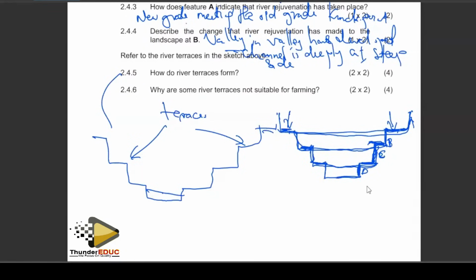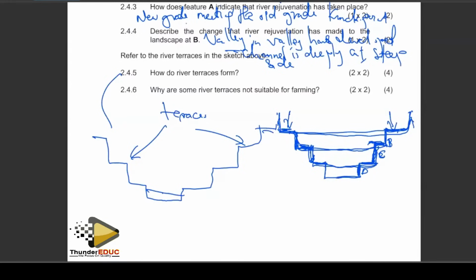At the end, the river will have stepped sides, which we call the terraces. Because of cycles of rejuvenation, the river will be developing a new valley within an old valley, leading to formation of the terraces. So basically, that's the concept. I'm trying to give you a concept and you figure out how you can express it.